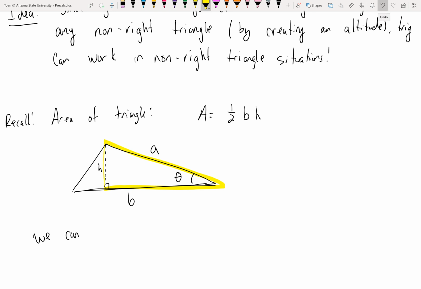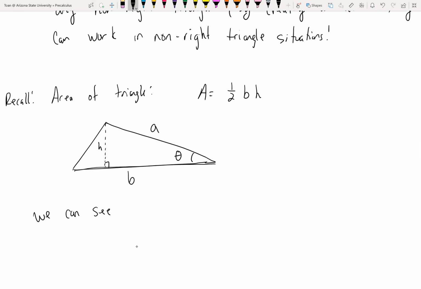So just focusing on the right side of the triangle, I hope we can see that the sine of that angle is opposite over the hypotenuse. Or in other words, the height is A sine theta.